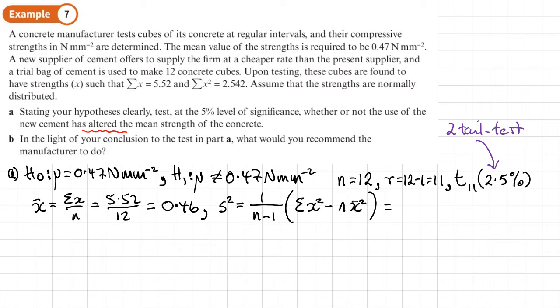So that'll be 1 over n minus 1, so that's 1 over 11, times the sum of x squared, which I've been given as 2.542, minus n times the mean squared. So n is 12 times the mean, 0.46, squared.